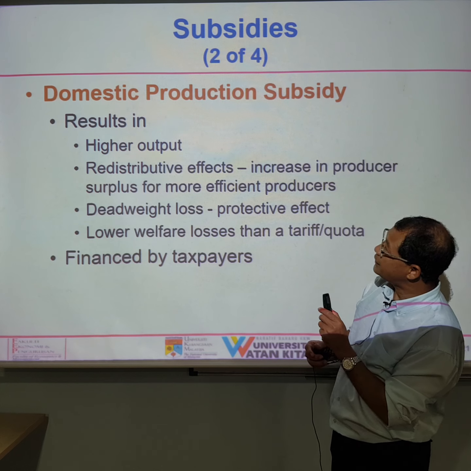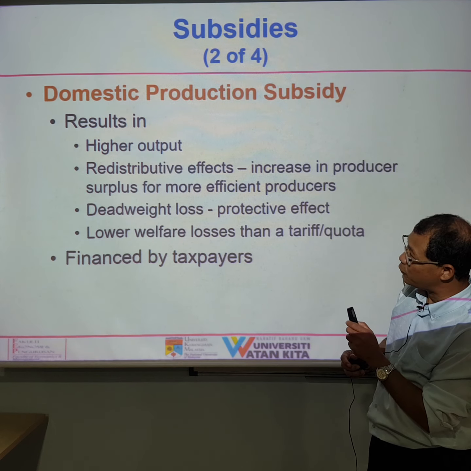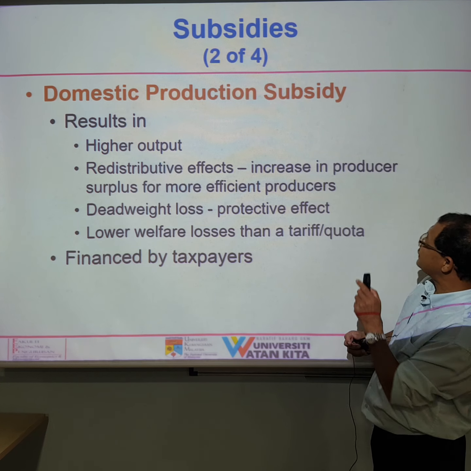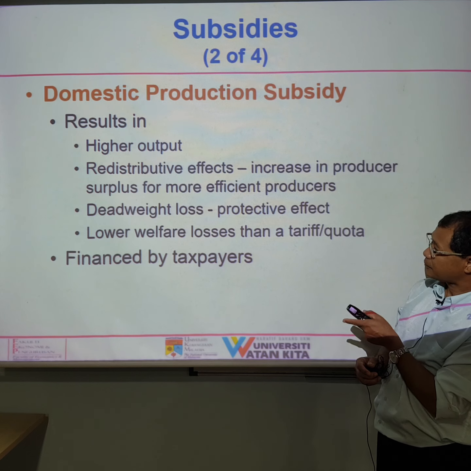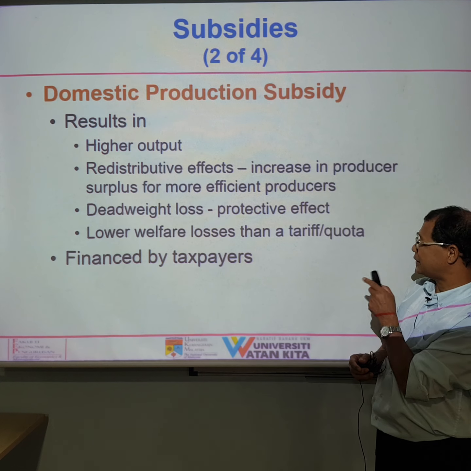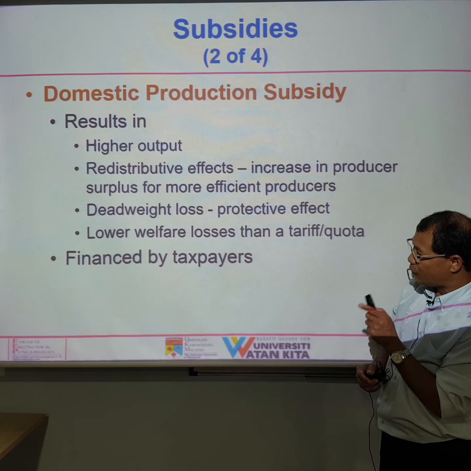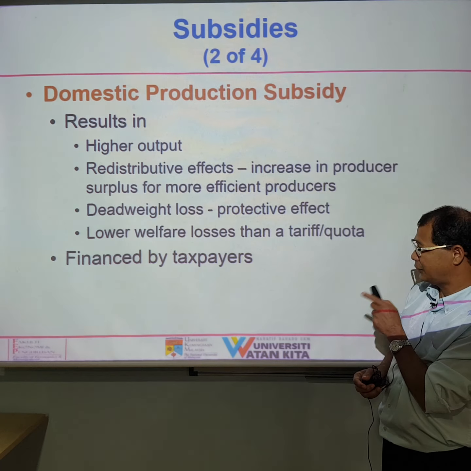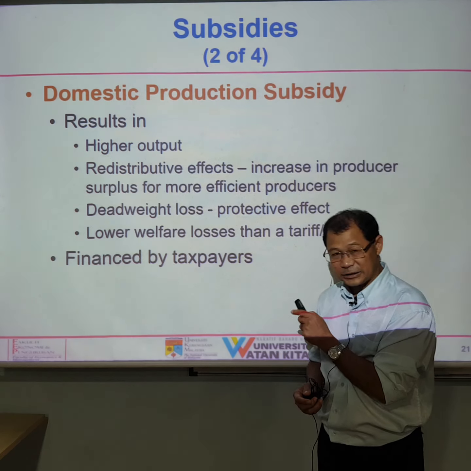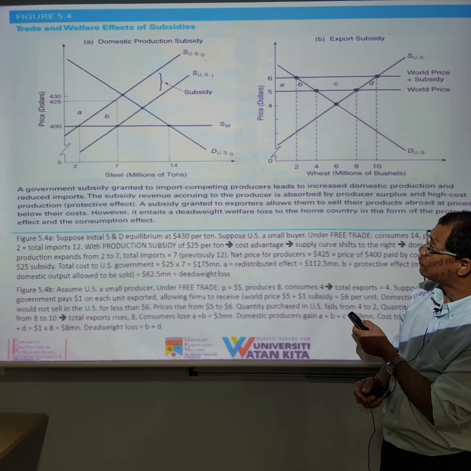So first, a domestic production subsidy results in higher output, redistributive effects, an increase in producers' surplus for more efficient producers, deadweight loss, and a protective effect, with lower welfare losses than tariff and quota. We're going to show you that. It is financed by taxpayers.